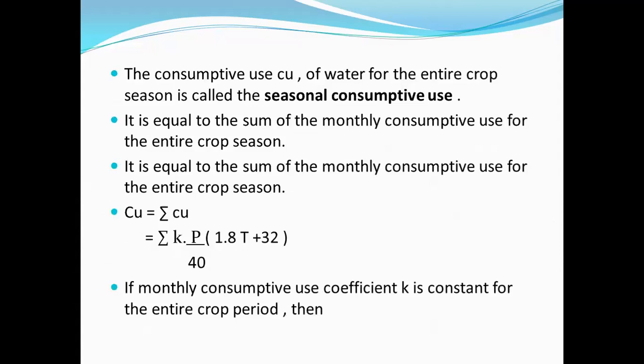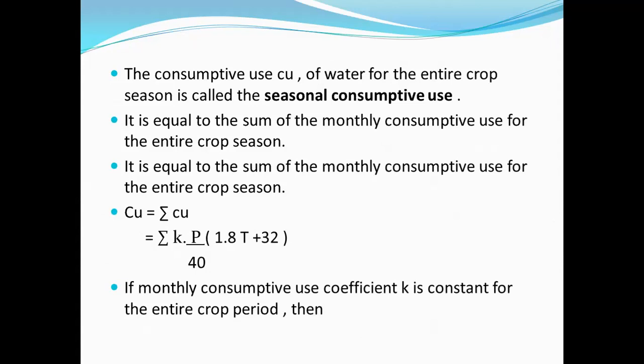The consumptive use of water for the entire crop season is called seasonal consumptive use. It is equal to the sum of the monthly consumptive use for the entire crop season. So Cu equals the summation of K multiplied by P multiplied by (1.8 T plus 32) divided by 40.